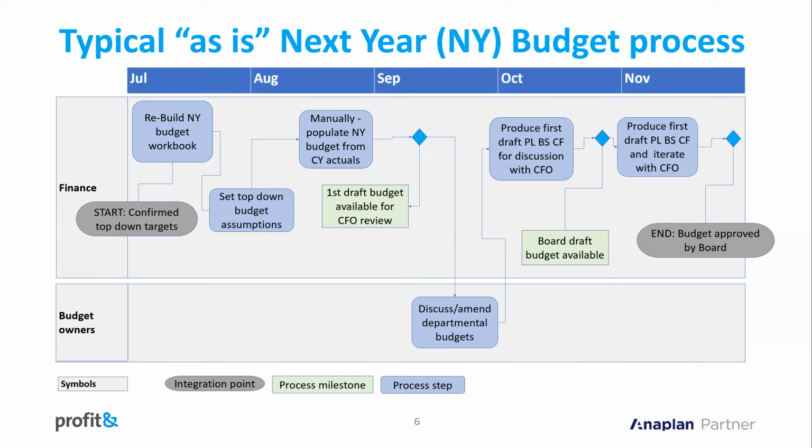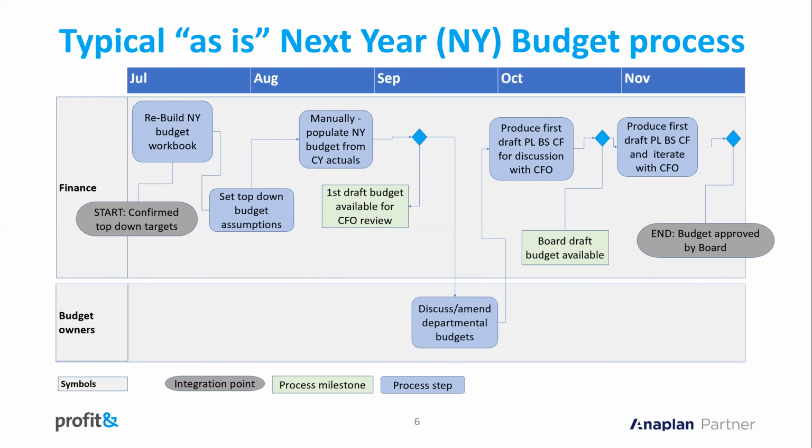This is actually a real example from one of our clients, which we've now moved on from, I'm pleased to say. But they started their budgeting process in July. This is for a January to December year. So the budget's January to December the following year.